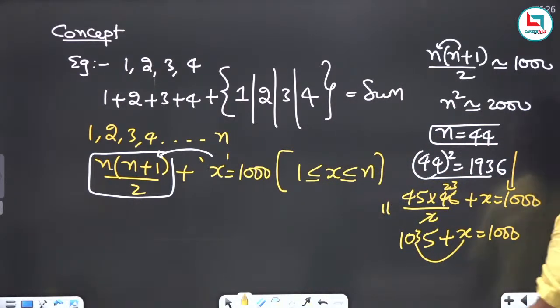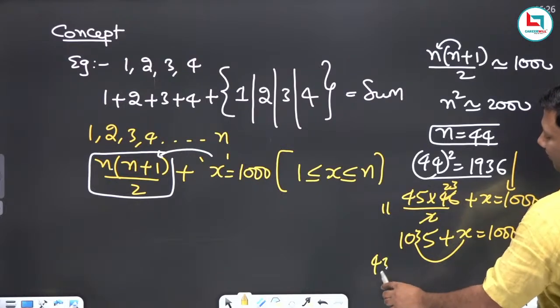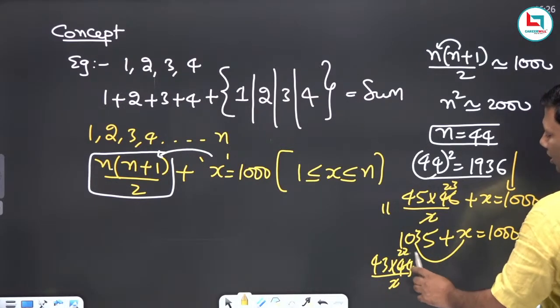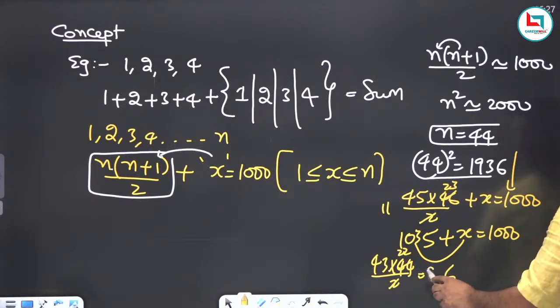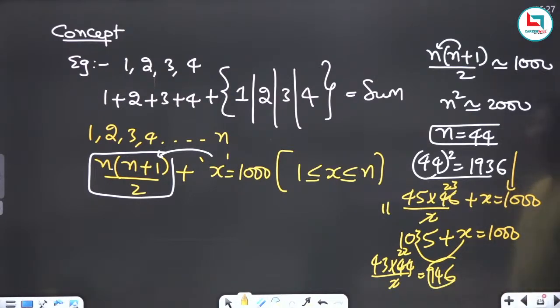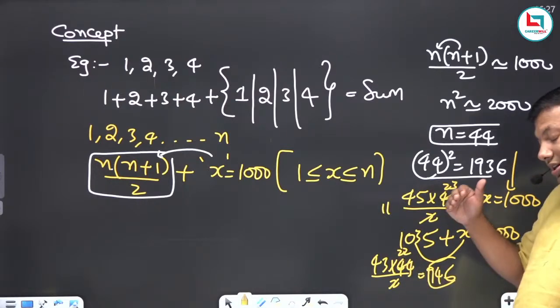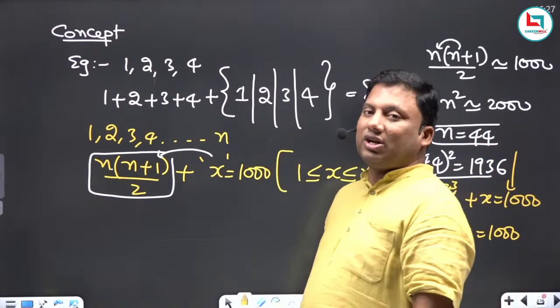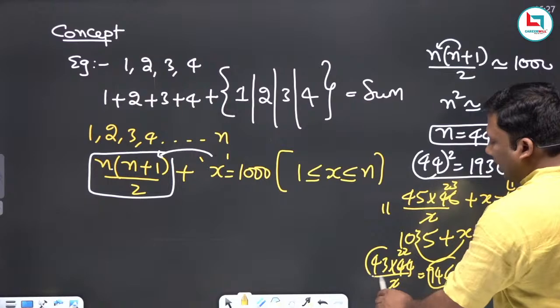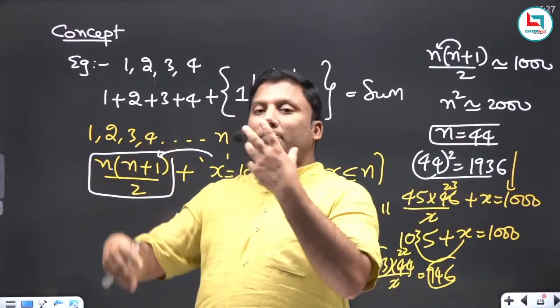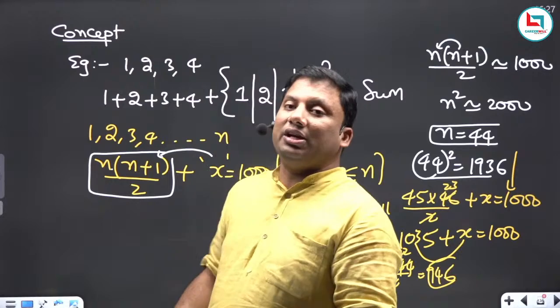I took 45. If I take 43 into 44 by 2, this is 946. If I take less than 44, it is 946. 946 plus 54 is 1000. But how many numbers did I take? 43. Out of those 43 numbers, one number I have to add twice, but I am getting 54.